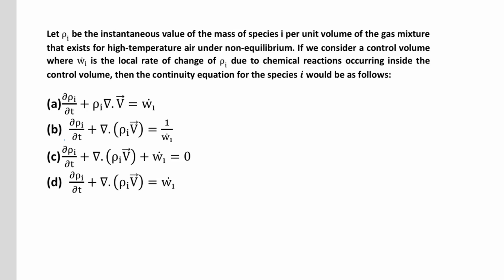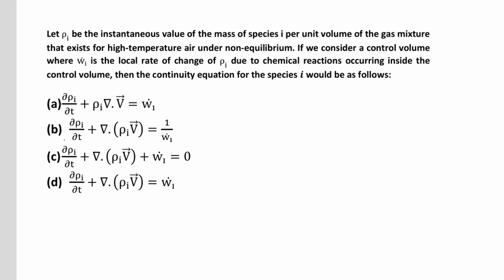Option B: dou rho i upon dou t plus del dot rho i v vector equal to 1 upon w i. Option C: dou rho i upon dou t plus del dot rho i v vector plus w i dot equal to 0. Option D: dou rho i upon dou t plus del dot rho i v vector equal to w i dot.